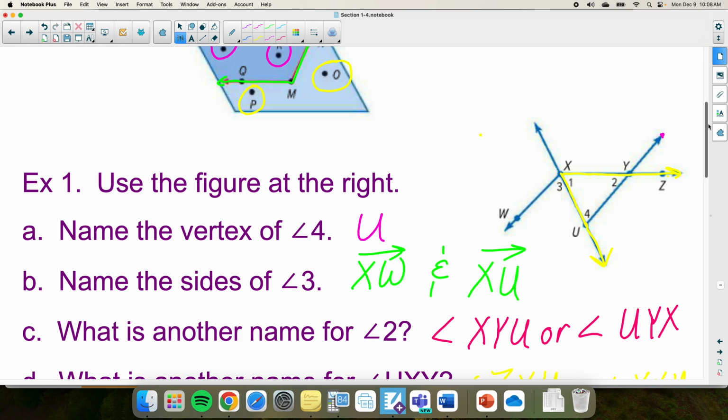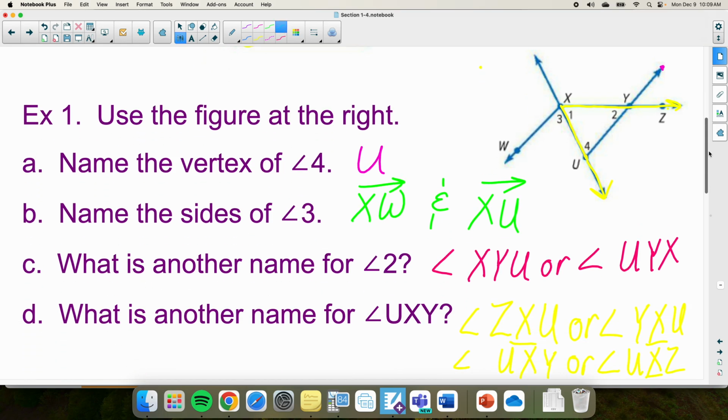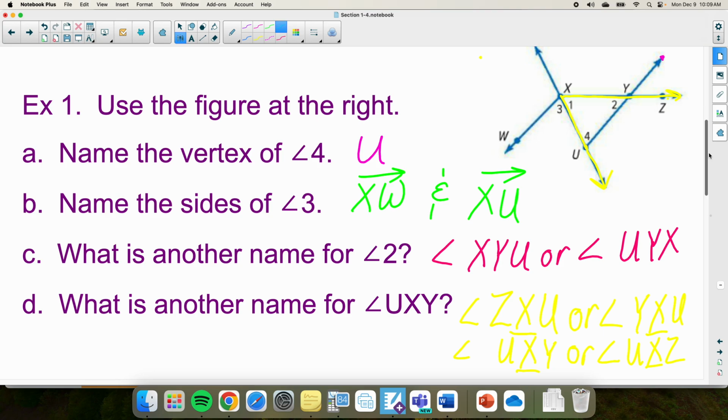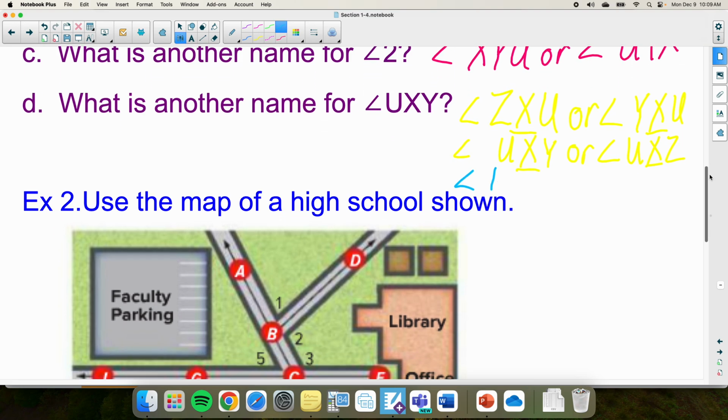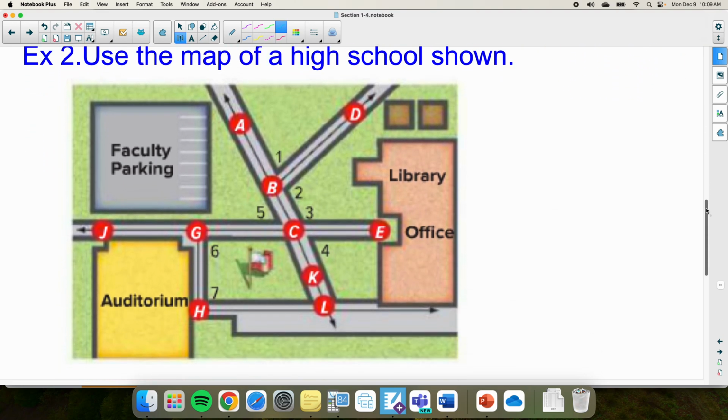Now, does anyone see an easier way that we could have done that? Angle what? 1, yes. If you have this number in between there, that's the easiest way to name it, is just say angle 1. Okay, but all of these are absolutely fine. You just have to name it one of the ways.